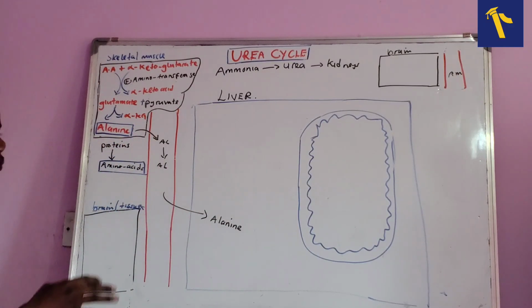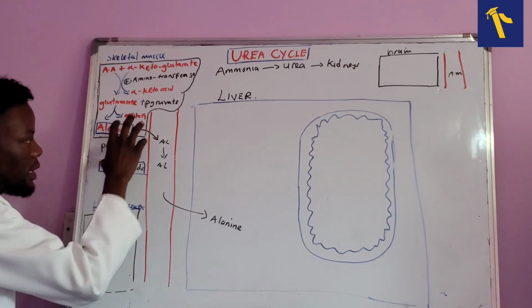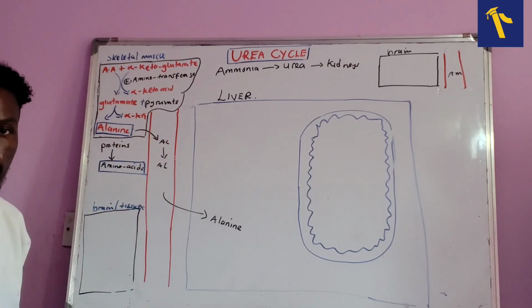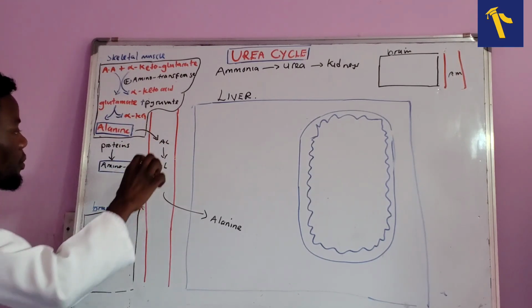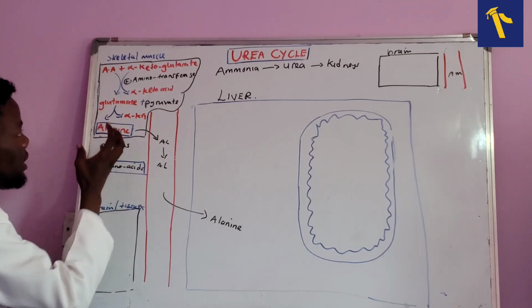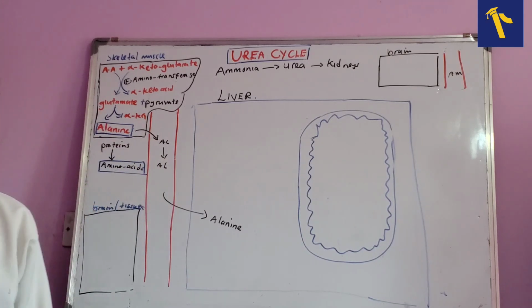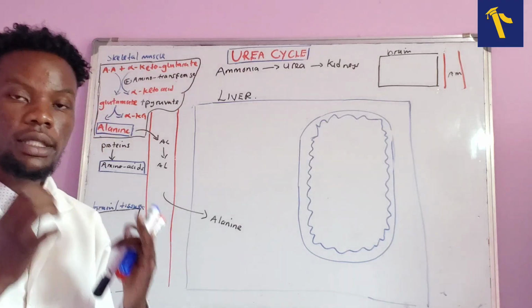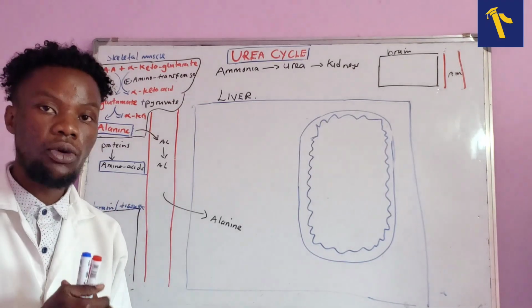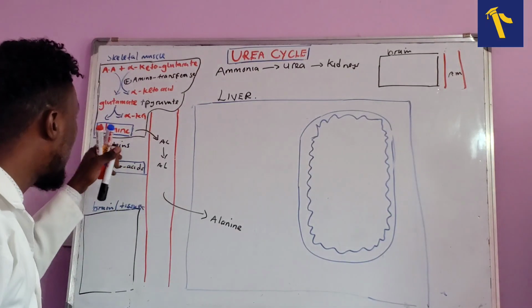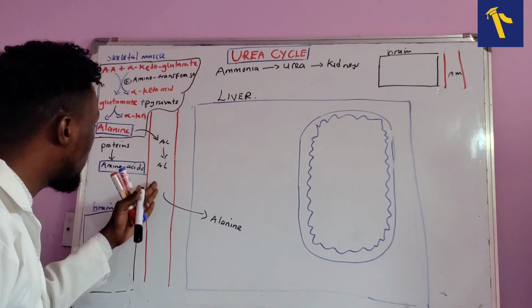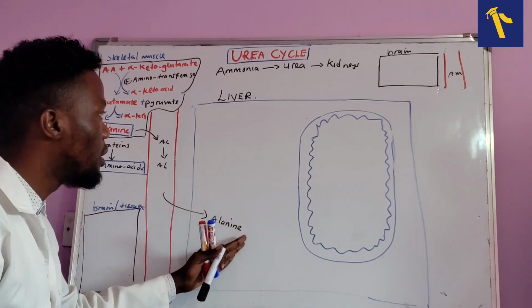Because alanine is not toxic in the blood vessels, because it has a certain amino group that is very important. It is the carrier form for what? Ammonia. Alanine carries ammonia through the blood vessels and into the liver.